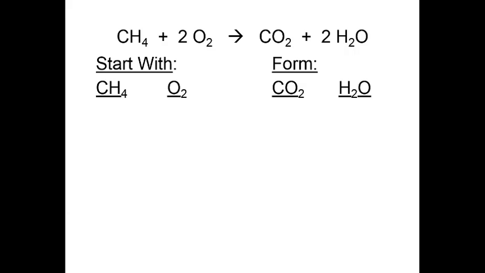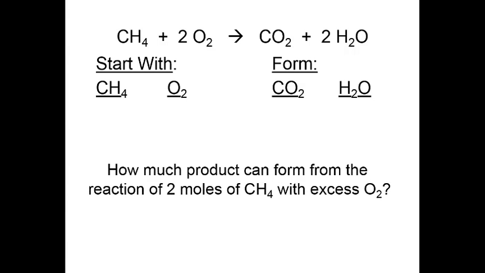As our first example, we use the combustion of methane, the reaction of CH4 with 2 moles of O2, to form carbon dioxide and water. We will again keep track of how much reactant we start with and how much product is formed. If we had a problem that asked how much product can form from the reaction of 2 moles of CH4 with excess O2, the problem tells us that O2 is in excess.